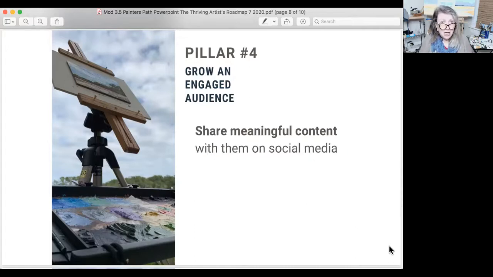Then you're going to share meaningful content with them on social media. And again, it's going to be meaningful because it goes back to those 4 to 5 content categories that are values that they share as well. Social media, you need to post a bit more often. You should be posting at the beginning in order to gain momentum 5 times a week.